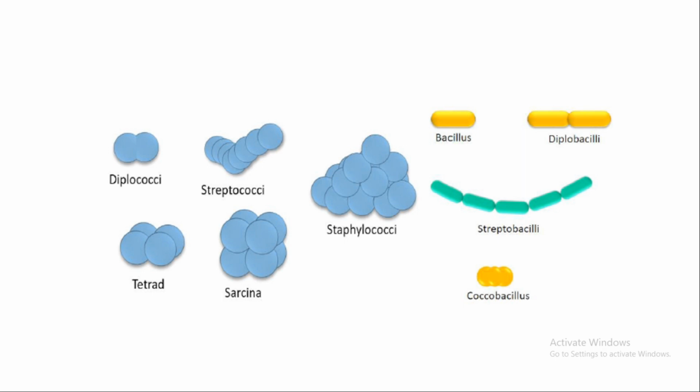Tetra means four cells, so four spherical cells arranged in a cubical manner is called a tetrad, and two tetrads together, so eight spherical cells, form sarcina. If the spherical cells are present irregularly in a bunch, it's called staphylococci.